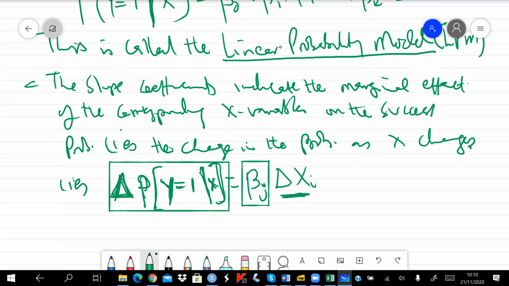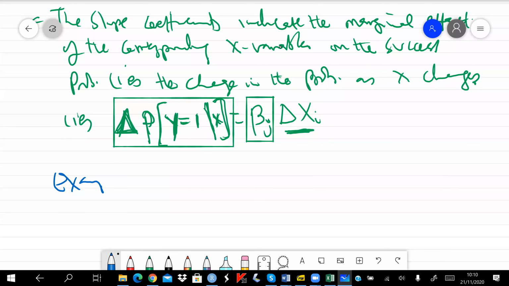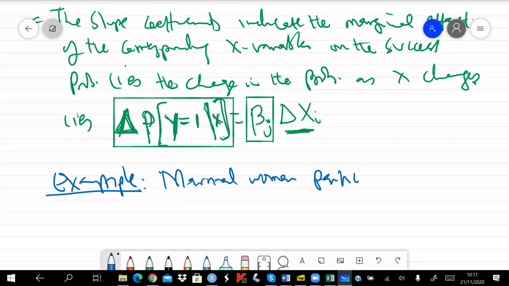For example, let's say this. We have this illustration: married women participation in labor force. This was in 1975.